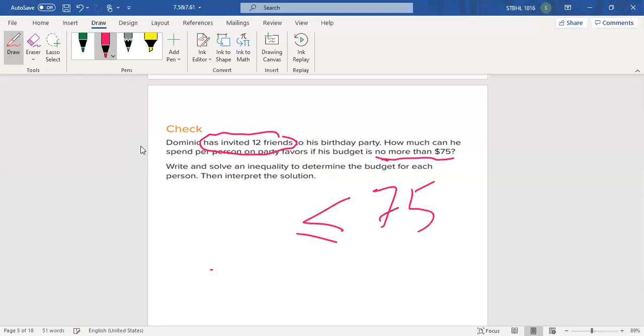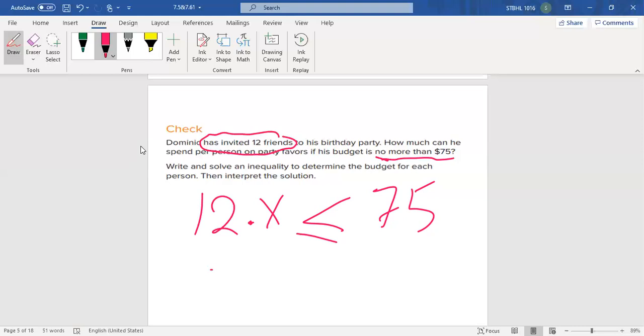Now, how many persons? It's 12 persons. I don't know how much he can spend for each person, so I'm going to write 12 times x, or y, any variable you need. Now in this case you can solve the inequality.